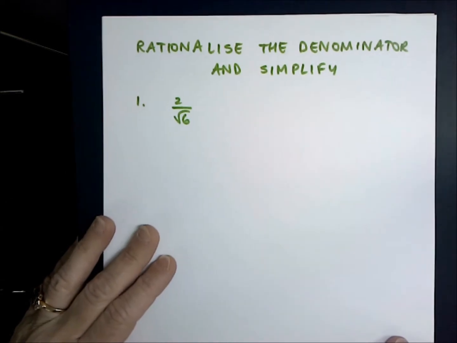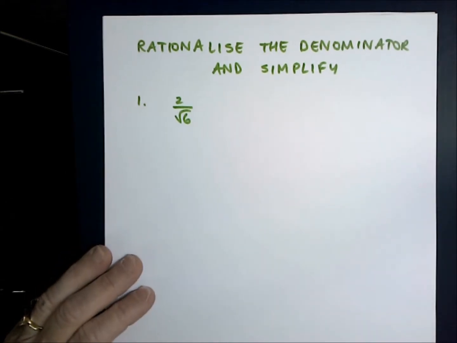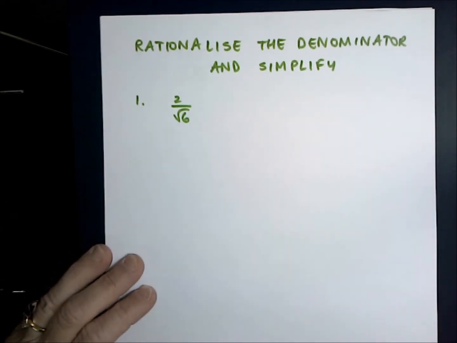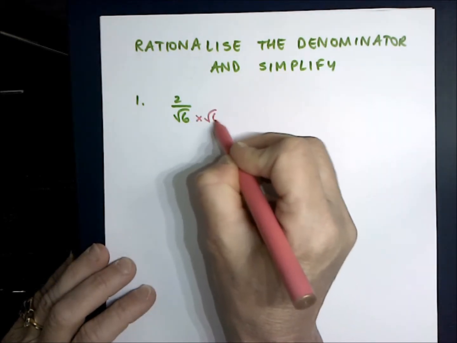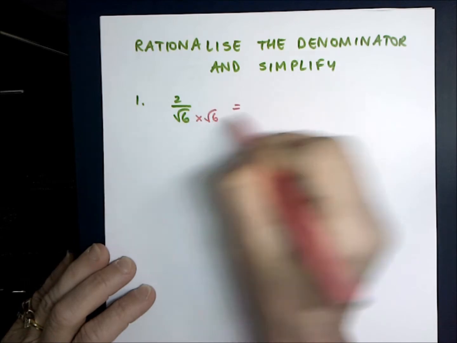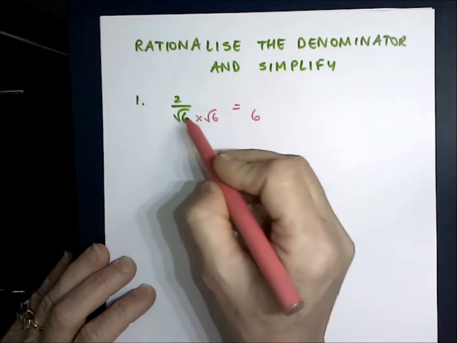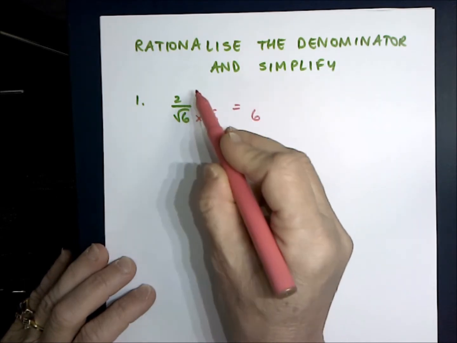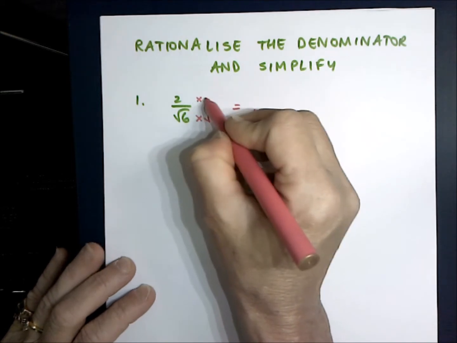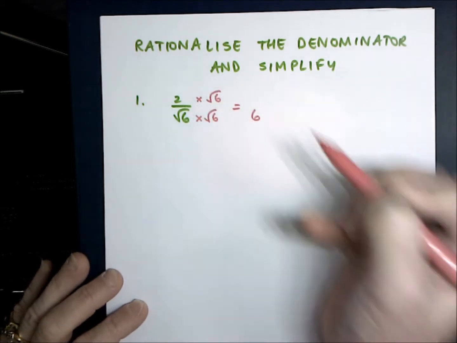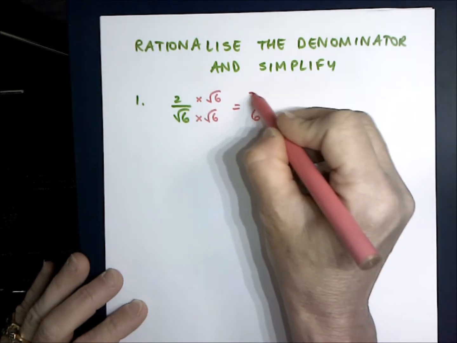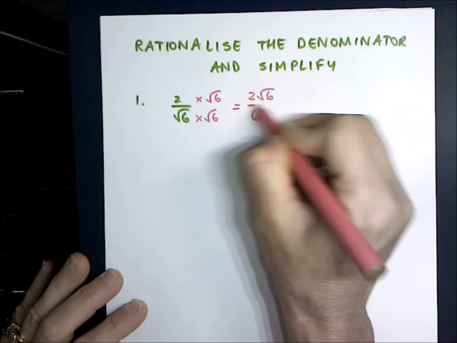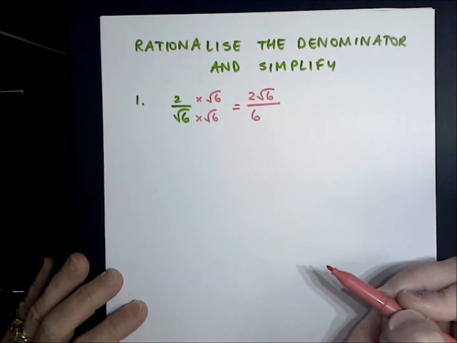We need to rationalise the denominator and then simplify. So we look at the denominator and say, well, we've got a square root of 6 there. If we times that by square root of 6, we know that square root of 6 times square root of 6 is 6. But whatever we do to the bottom of a fraction, we need to do to the top. So we need to also times the top number by square root of 6. 2 times the square root of 6 then is 2 root 6 over the original 6 we had there.